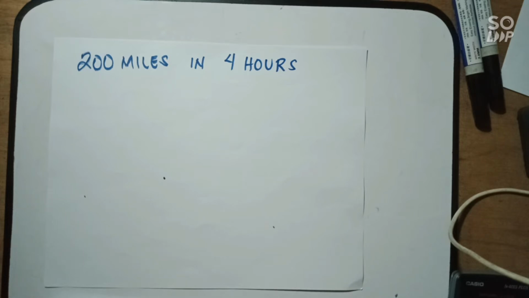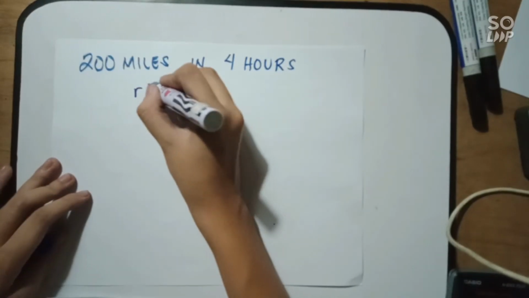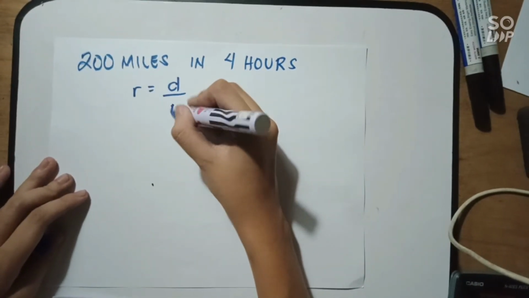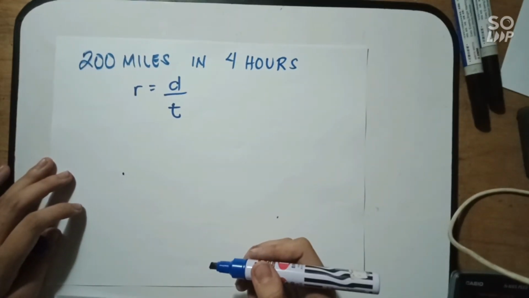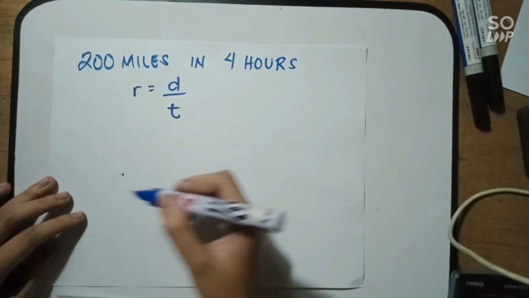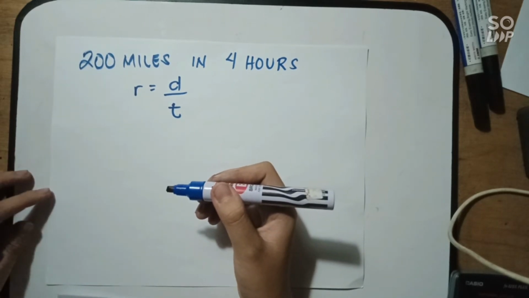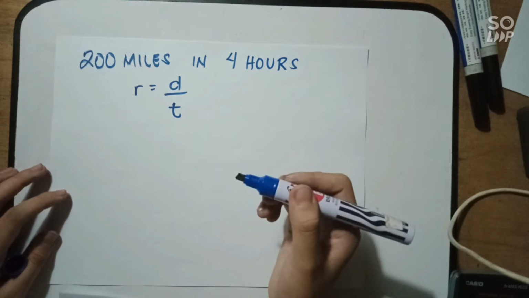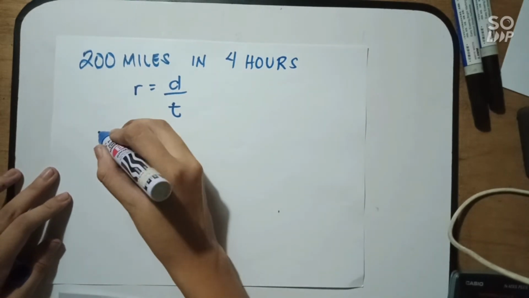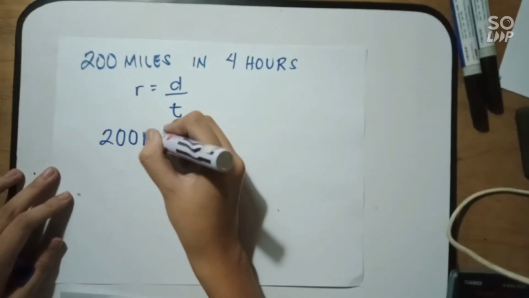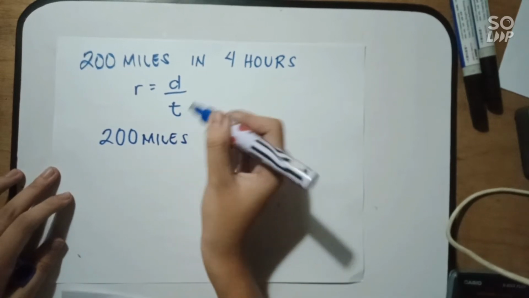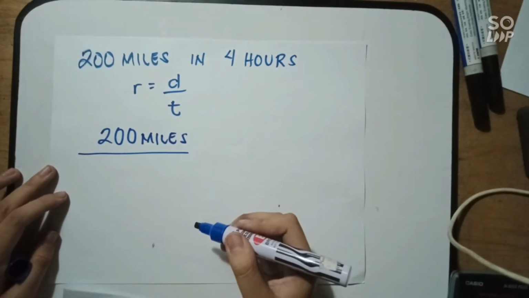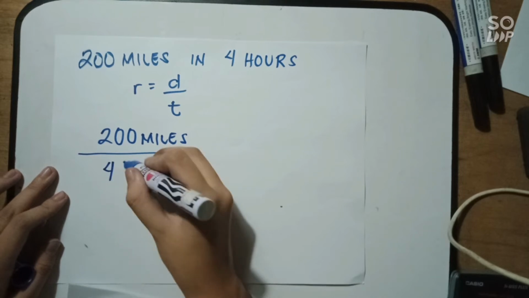So in this, the formula for rate is distance over time. The distance traveled is 200 miles over the time that she traveled, which is 4 hours.